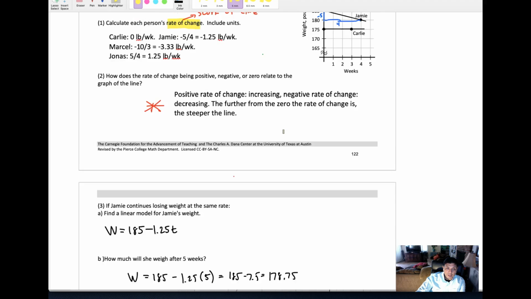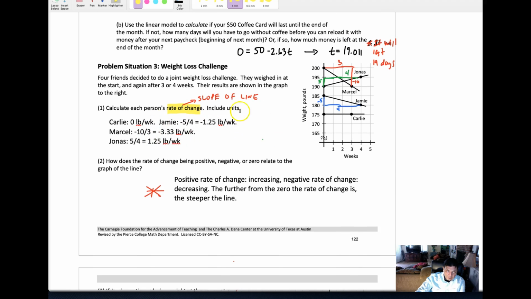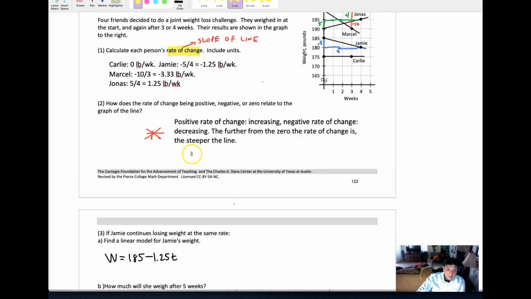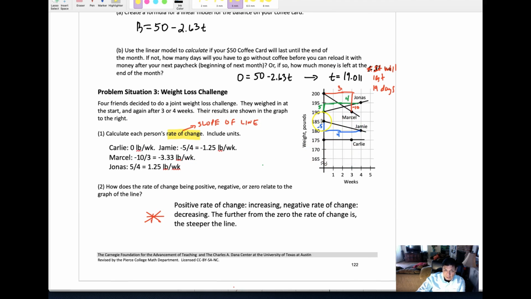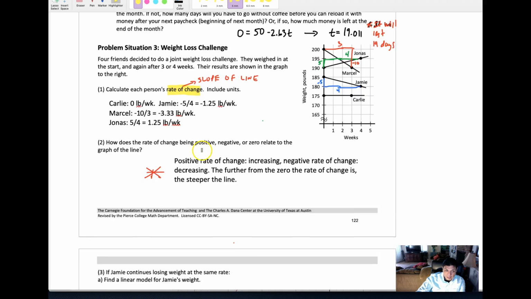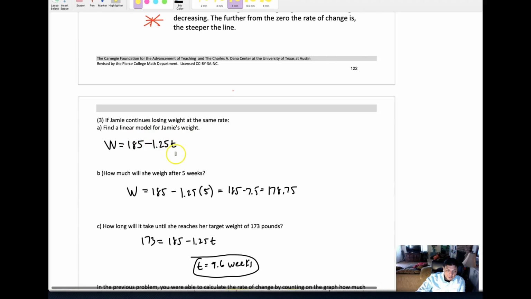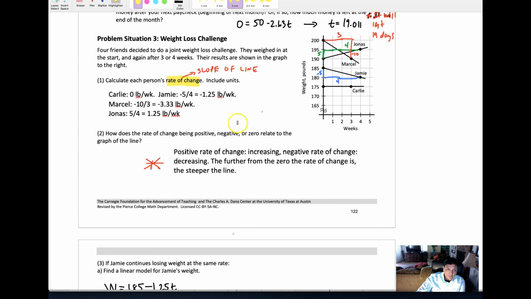To continue, once we have the equations, because we're going to use these slopes, we have these initial values from the y-intercepts. We can go ahead and answer questions like this, especially for Jamie, who is at 185 and is losing 5 pounds every 4 weeks. And so then that comes out to an equation like that. 1.25 comes from right here for Jamie.